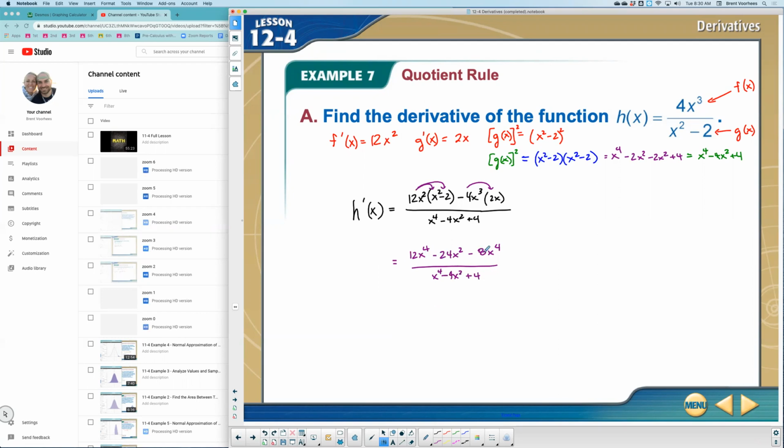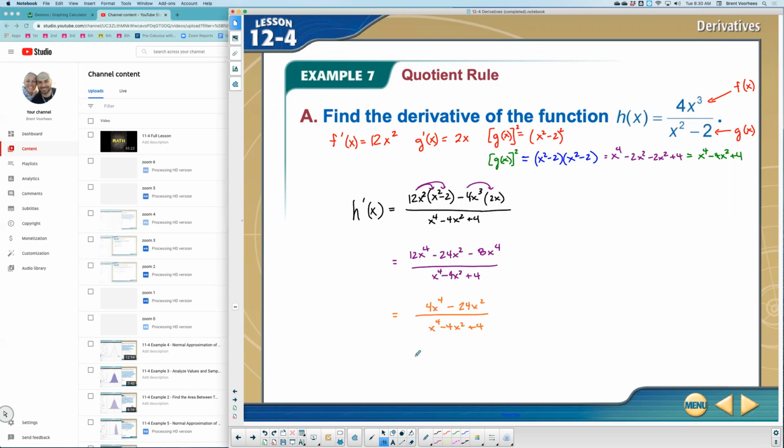Okay, and now I can see I have common terms here. So if I wanted to combine my like terms, 12x to the 4th minus 8x to the 4th will be 4x to the 4th, minus 24x squared. All this is over x to the 4th minus 4x squared plus 4.